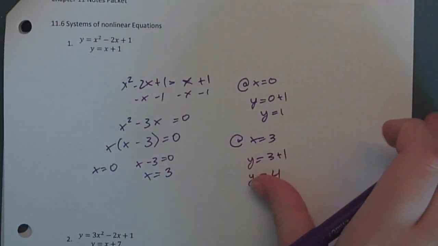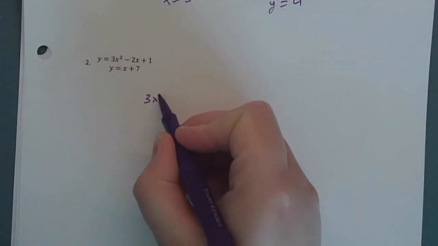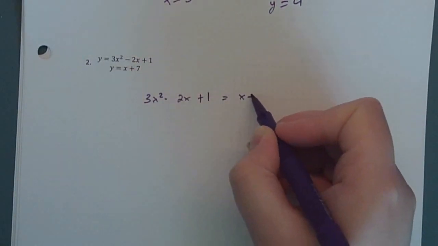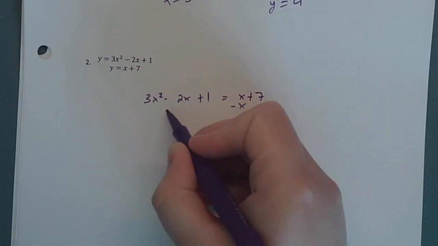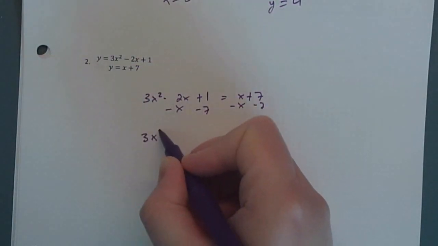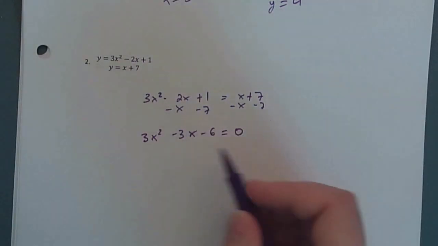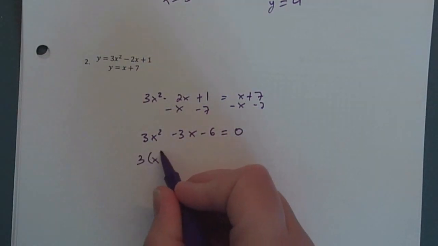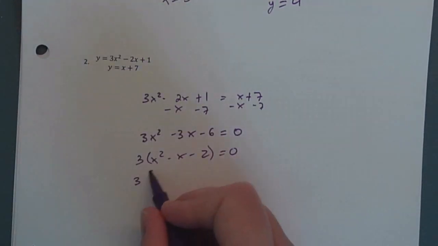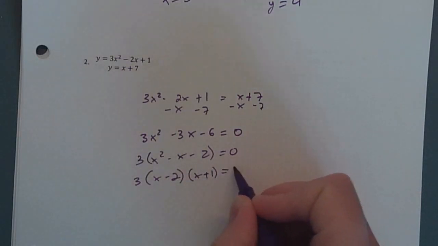Alright, let's look at the next one. It looks pretty similar. Both equations are equal to y, so we can just put them equal to each other. Get everything to one side. We can factor out a 3. And then factoring the big parenthesis, we get x minus 2, x plus 1.